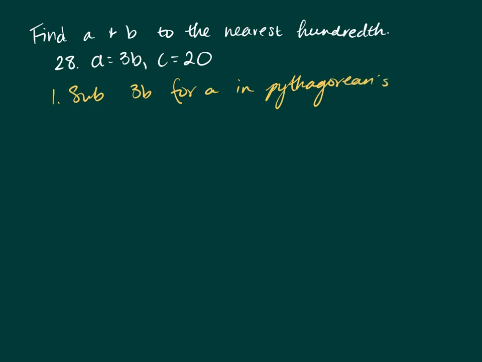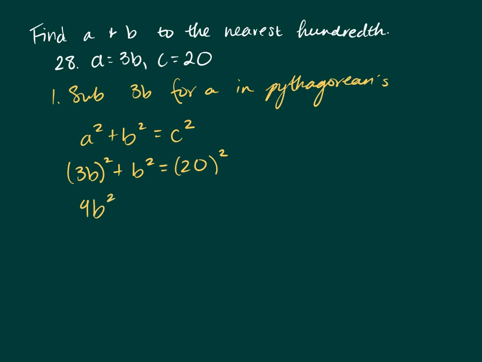Okay, so we know that Pythagorean's is a squared plus b squared equals c squared. B, we know nothing about, so we're going to leave it as the variable it is. We know a is equal to 3b, so this is (3b) squared plus b squared is equal to c squared. C is 20, so I'm going to put a 20 here and square it. And now I'm going to solve for b.